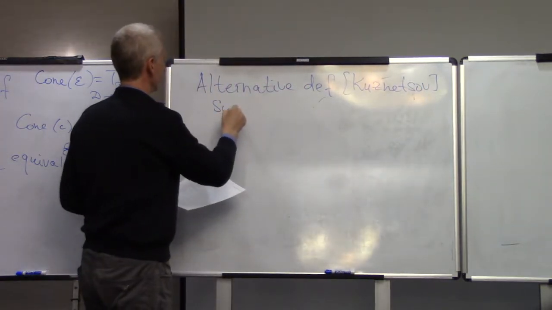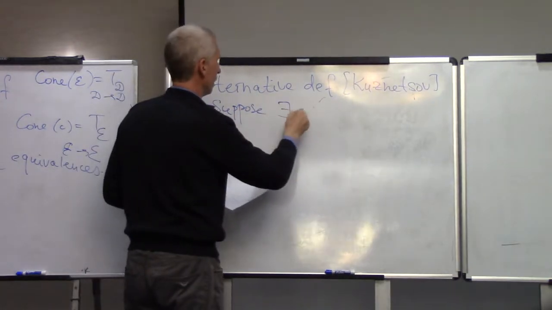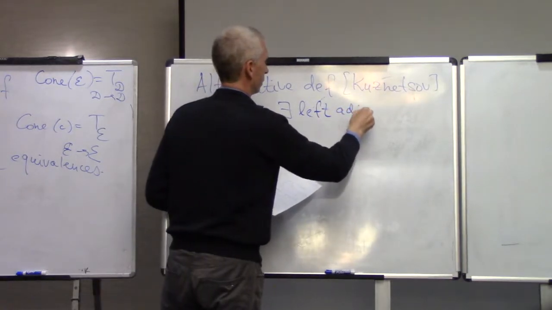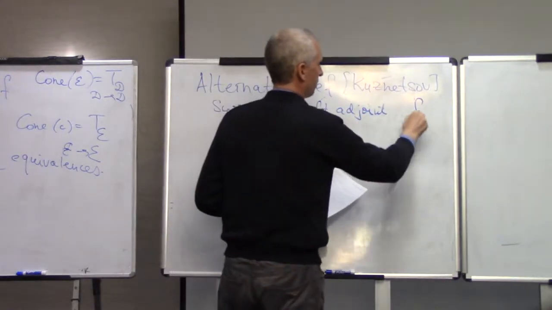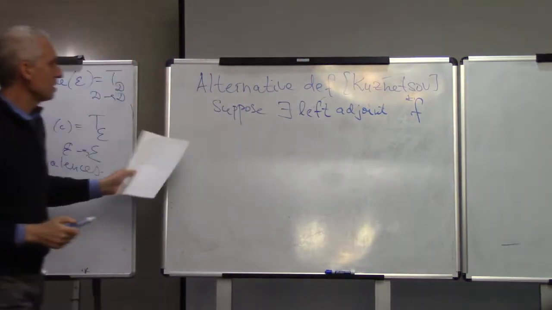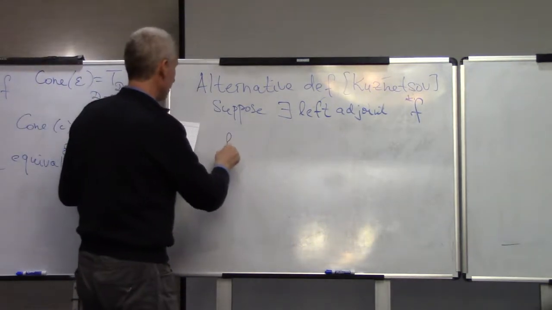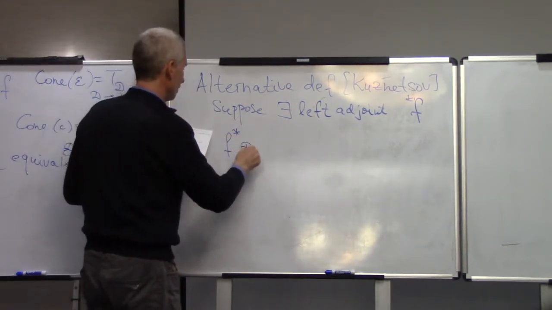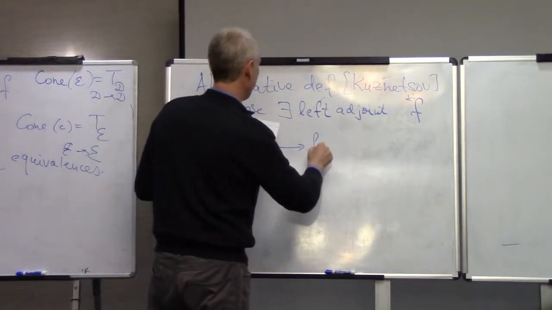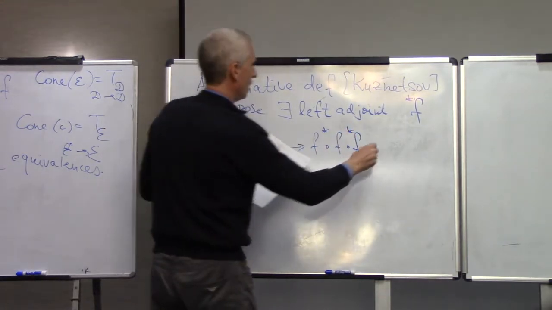Suppose there exists a left adjoint, F with a star on the left. Then we can do again a version of those things, but they're more interesting. I can write F right adjoint direct sum F left adjoint, going to the composition F right adjoint composed with F composed with F left adjoint. And this is from E to E.